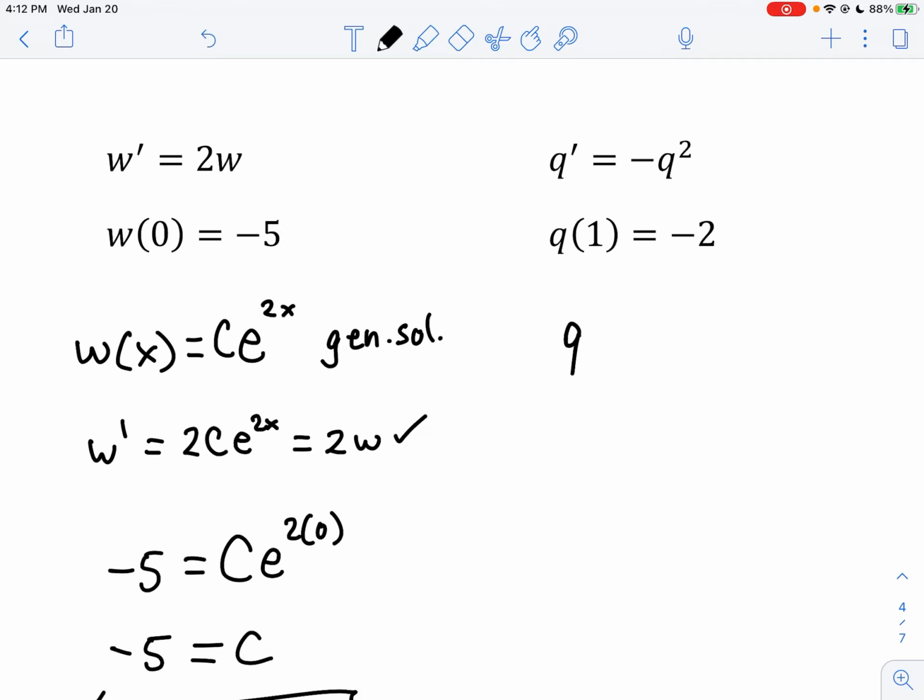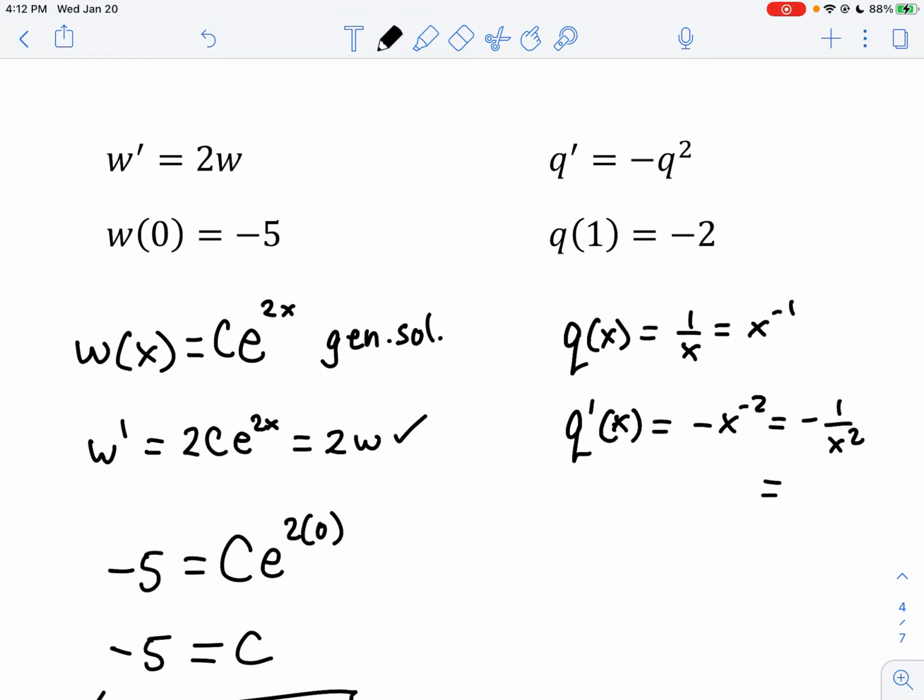Well, it turns out that the function we're after is 1 over x. Let's just verify that. That's the same thing as x to the minus 1. And if you differentiate x to the minus 1, you get negative x to the minus 2. Well, that's just negative 1 over x squared.